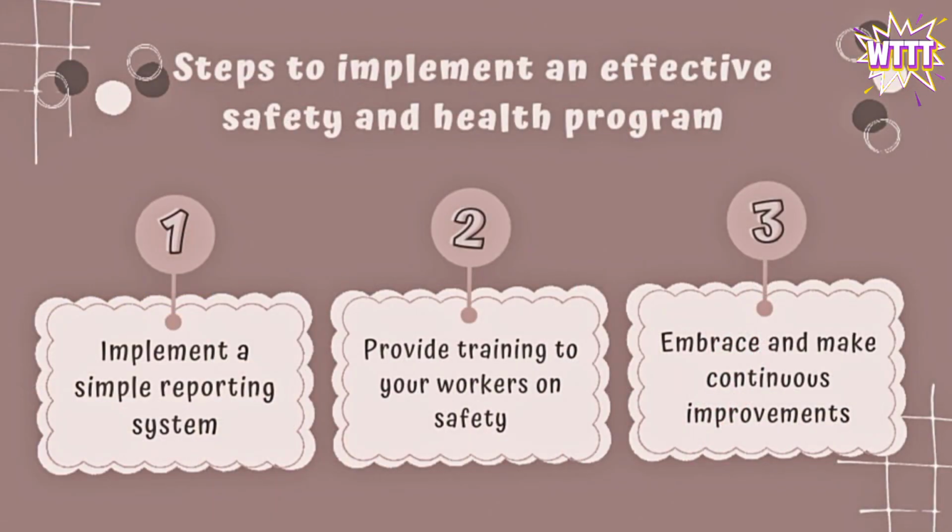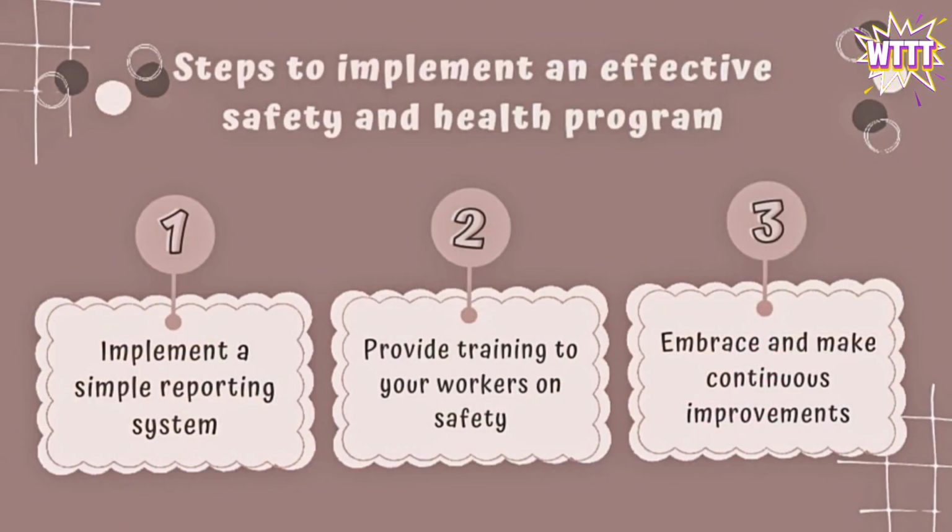Okay, so the last method that I will share is to embrace and make continuous improvement. This method is basically for human resources, who need to make sure our workplace is safe. Our workplace safety should be dynamic for our workers, following the change of the situation and workplace requirements.